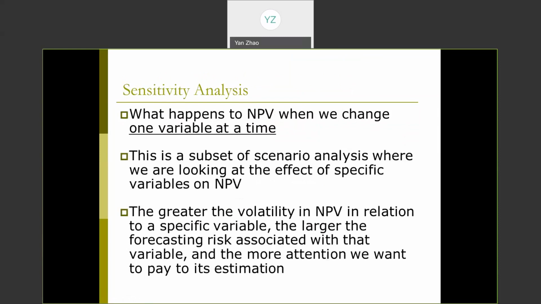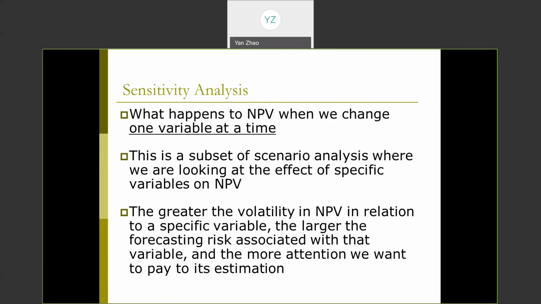Okay. So what happens to the net present value when we change one variable at a time? Right? This is a subset of the scenario analysis, where we look at the different effects of specific variables on net present value.